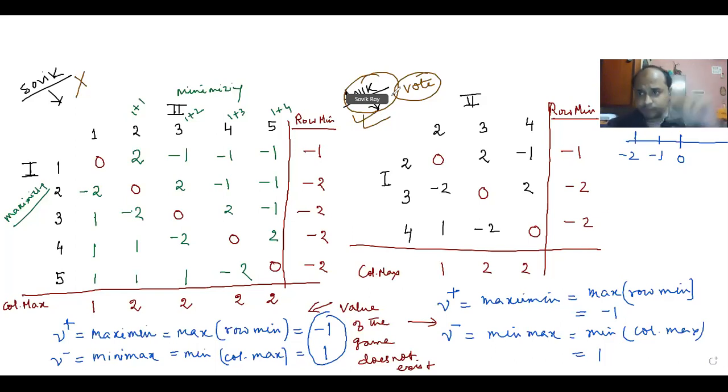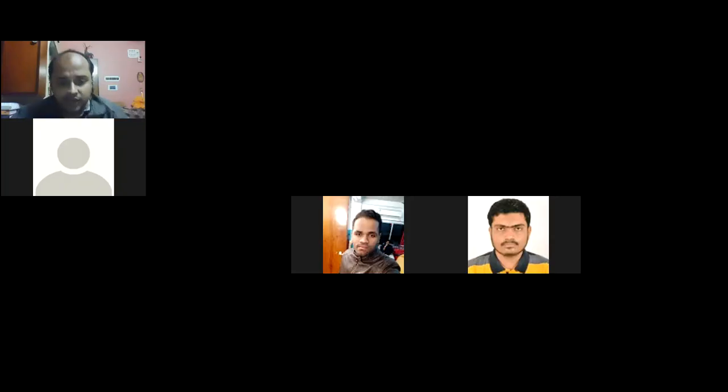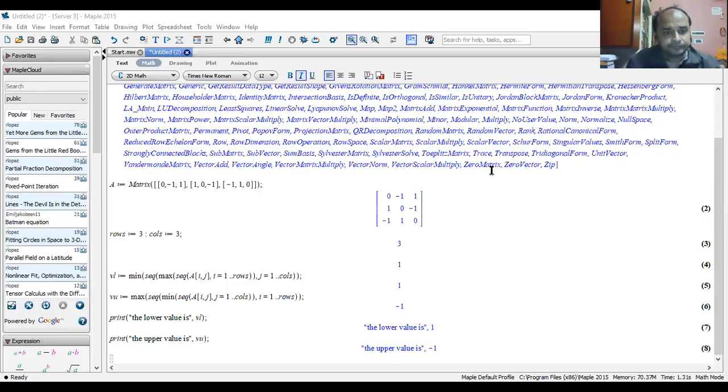Just before I finish today's class, I'm going to do this calculation using that Maple file. So I'm stopping the share and sharing the Maple file once again. Can you see the Maple file now? Yes, sir.